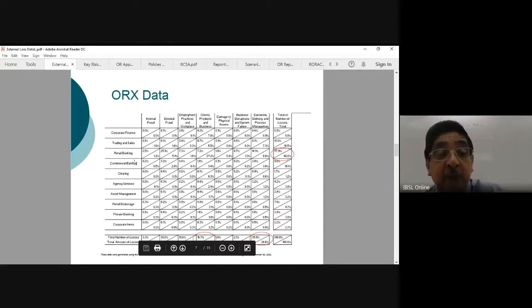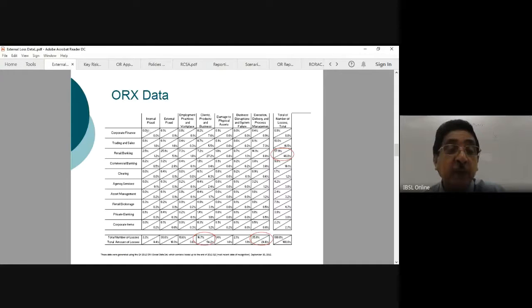And if you look at corporate finance and internal fraud, you will find here nothing happened. No losses at all. Now when you say ORX data, what do you mean by ORX? This is given through an exchange. I mean, this is a consortium database, we call it.